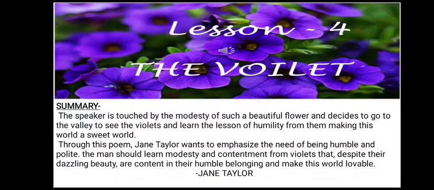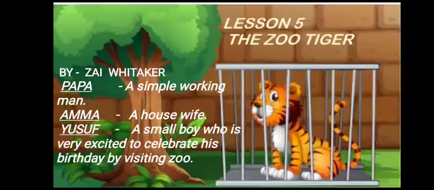Now, let us talk about your next chapter, that is lesson 5, the zoo tiger. This beautiful story is written by Zai Wateker, as I have already told you. Now, let us talk about the characters of this story.